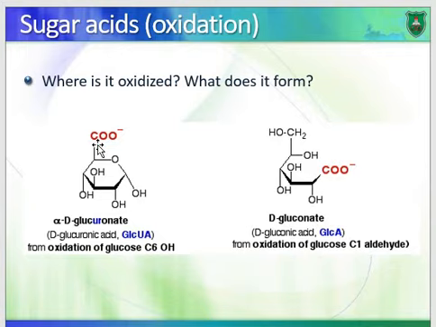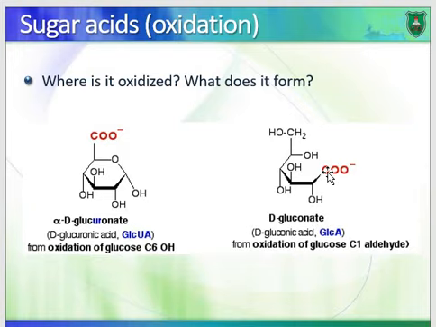So it can get oxidized into a carboxylic acid, producing glucuronate or glucuronic acid. Glucuronic acid, once it donates its proton, becomes glucuronate, as you can see in here. So oxidation can happen at carbon number 6. This is one example, and oxidation can happen also on carbon number 1.